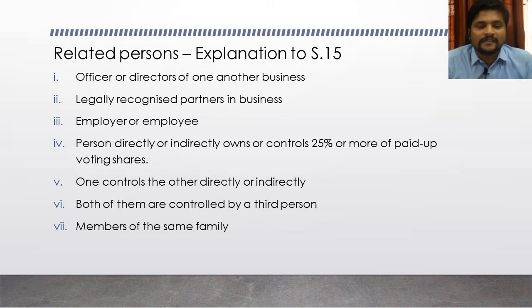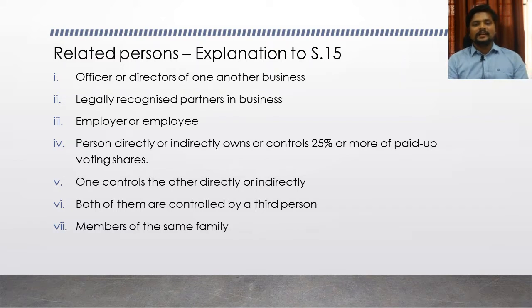One, an officer or director of one another's business. It could be the same business, with an officer and a director, or two businesses where each is an officer or director in the other person's business as well. In that case they will be called related persons.